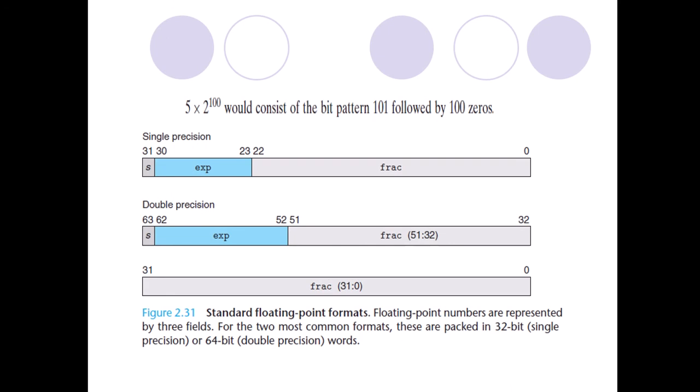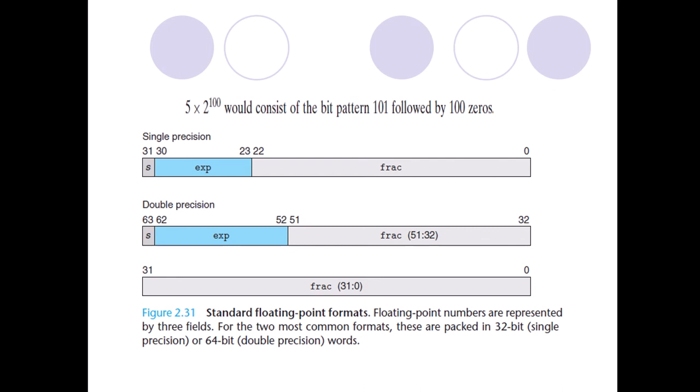So these are some of the precisions commonly used. For 32-bit single precision, the highest bit is representing sign, bits 23 to 30 are reserved for the exponent, and bits 0 to 22 are reserved for the fractional value.